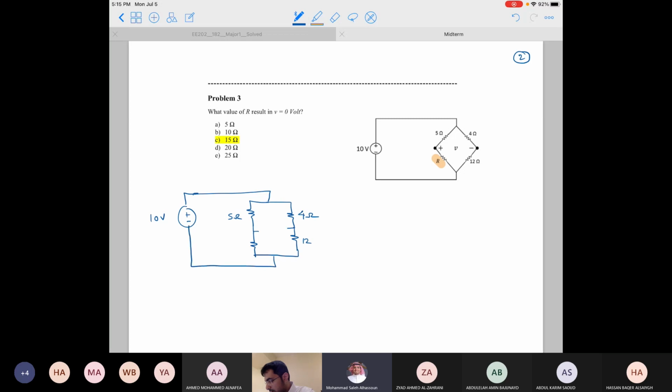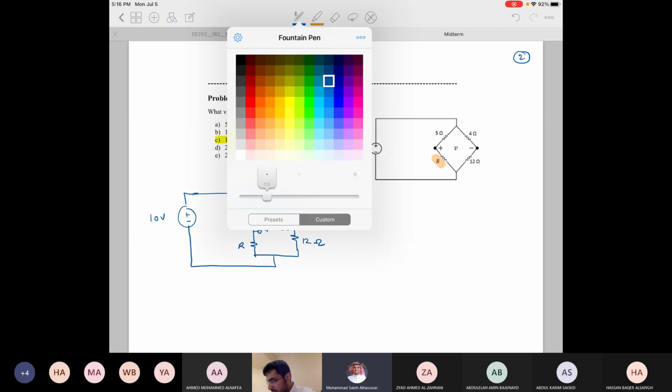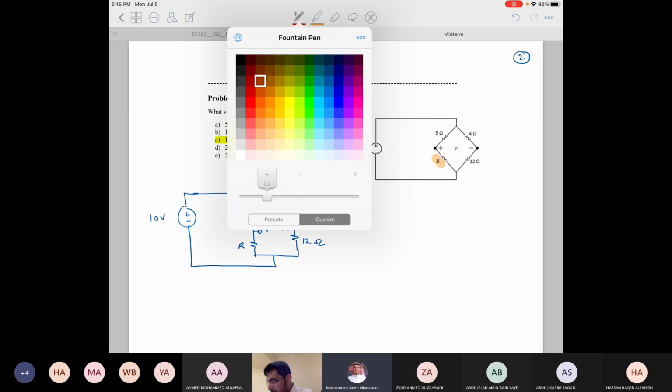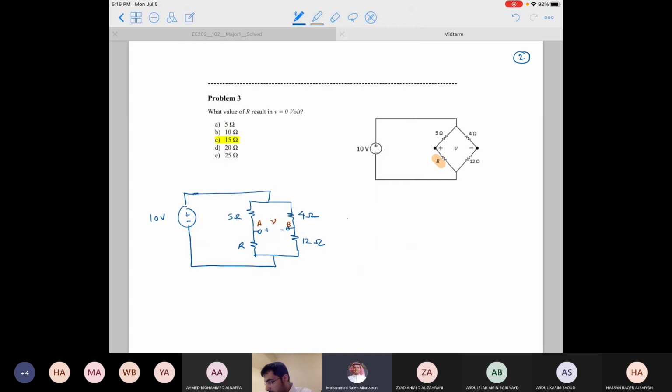This one is R. So this is V. Okay. So if I call this one A, this one B, then V is simply VA minus VB.